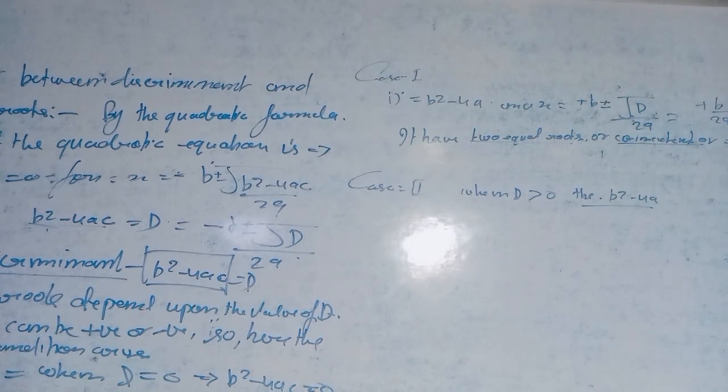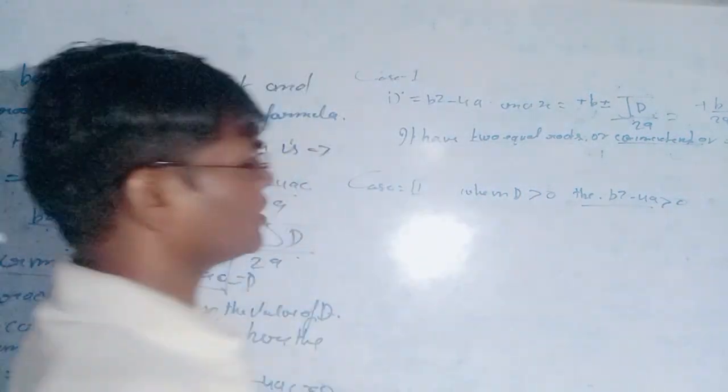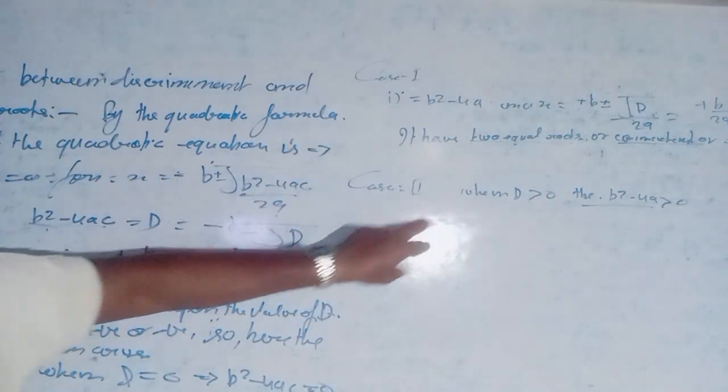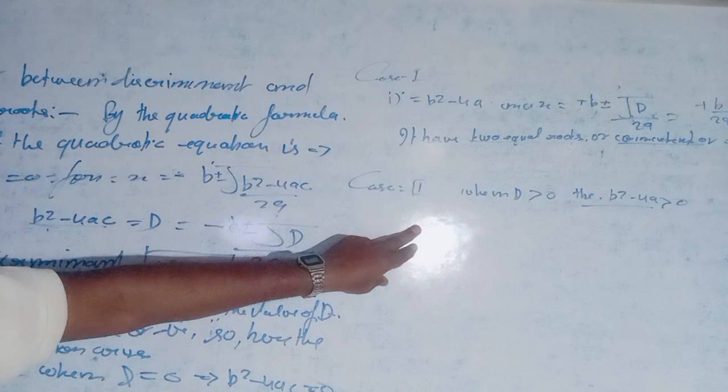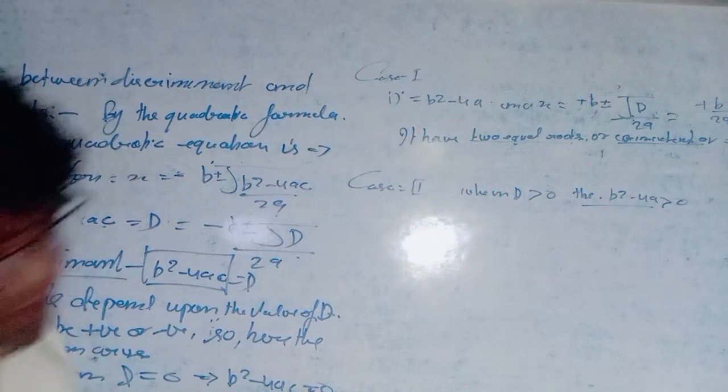So d will always be this: d is equal to b square minus 4ac, which is less than 0.